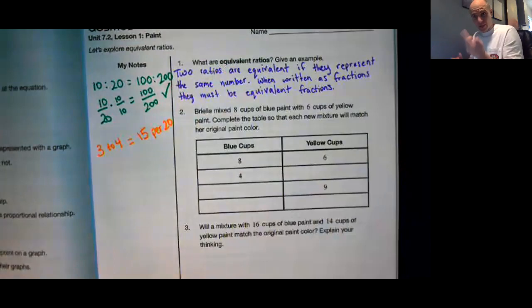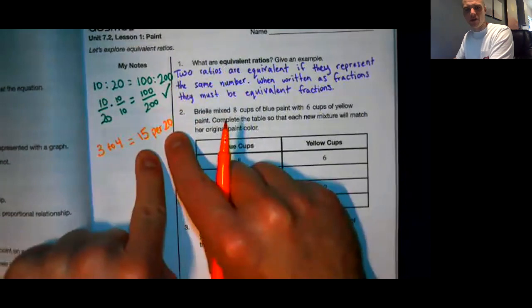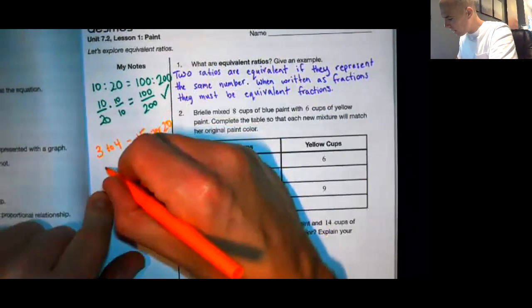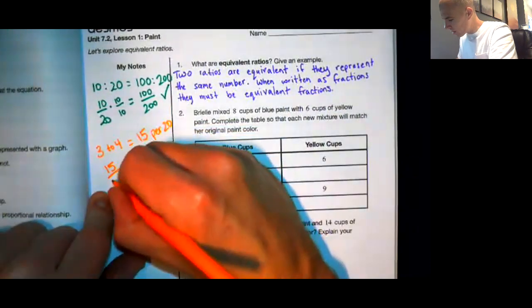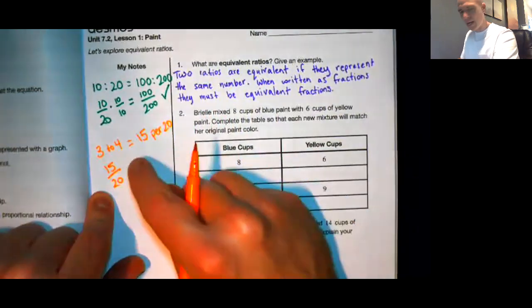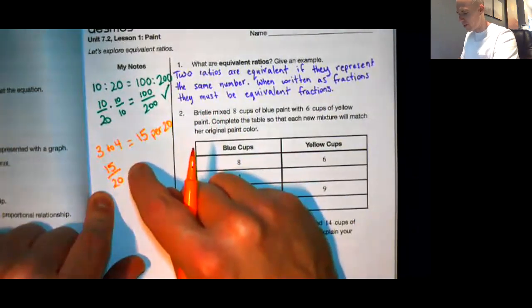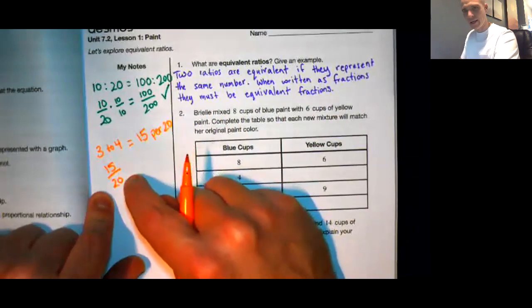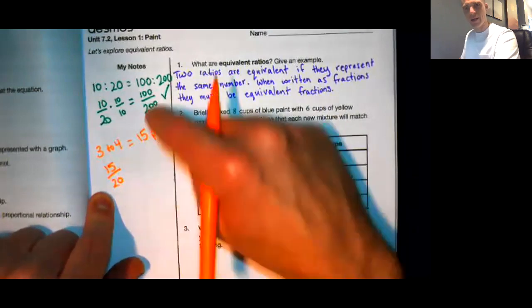All right, let's check if these are equivalent real quick. I'll start on this side first, just so we can do it kind of differently. So 15 20ths, I'm just writing 15 per 20 as 15 20ths. And then I want to make this look like 3/4. Well, I noticed that if I were to divide 15 by 5 and divide 20 by 5, I would get a 3 over 4.